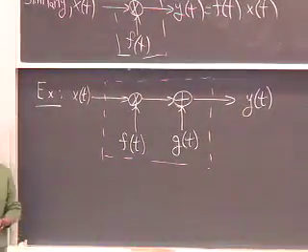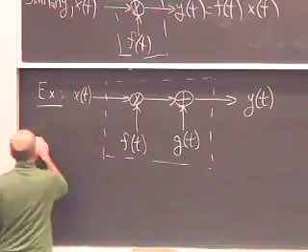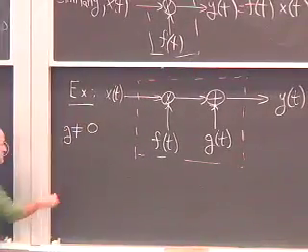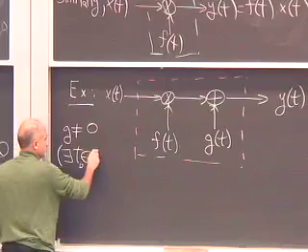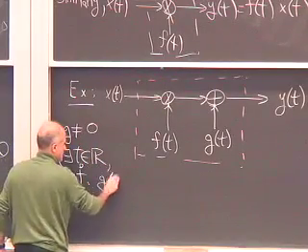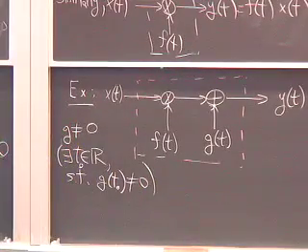This is my system in the red box. Okay? Where g is not 0. What that means is that there's at least some value t naught such that g of t naught is not equal to 0.